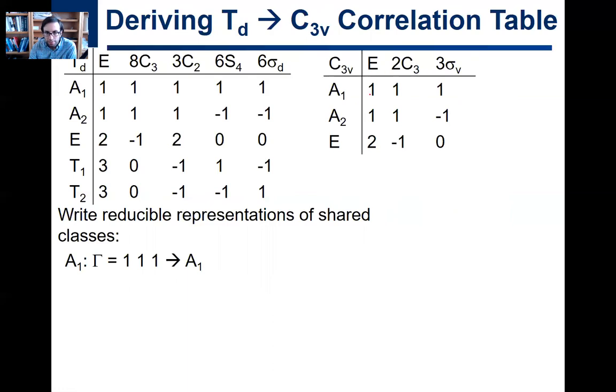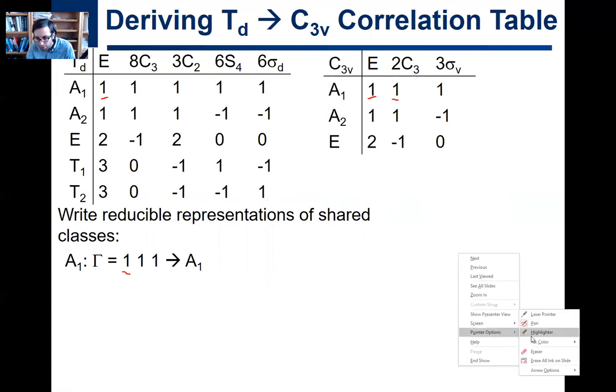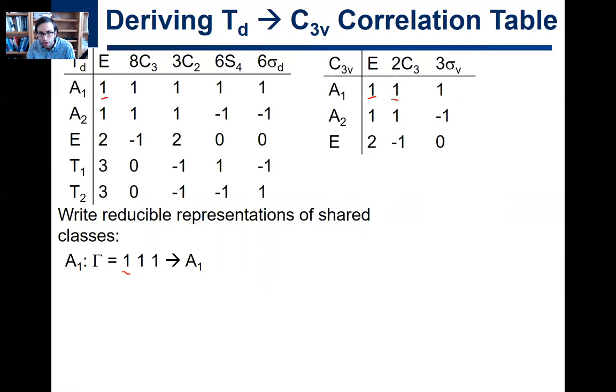You have an E, 1, 1. So we put a 1 down. C3, 1. The corresponding symmetry element, the closest thing there is the C3, right? So that 1 is going to come down here.